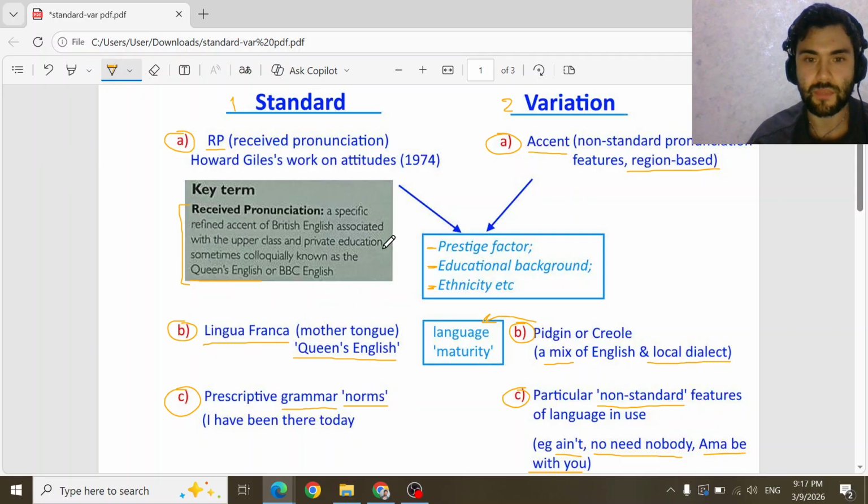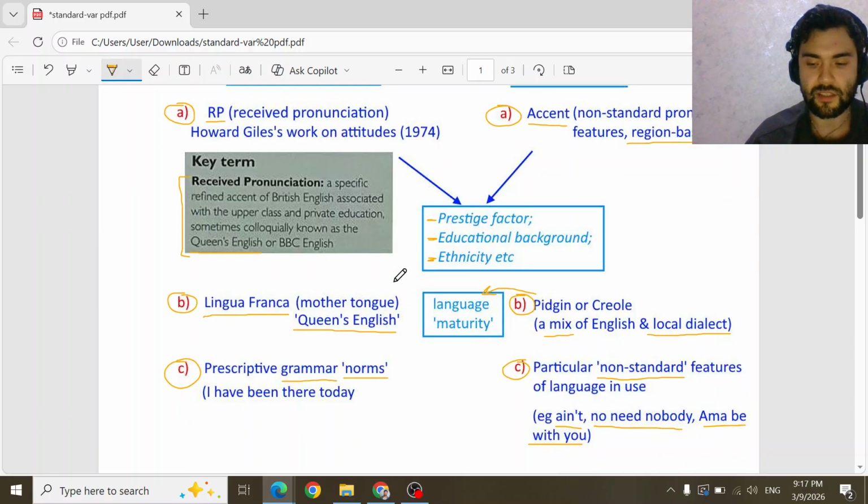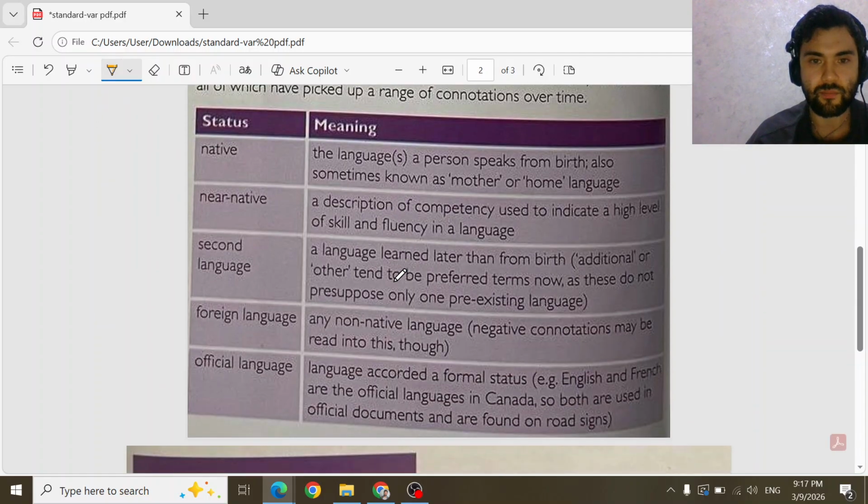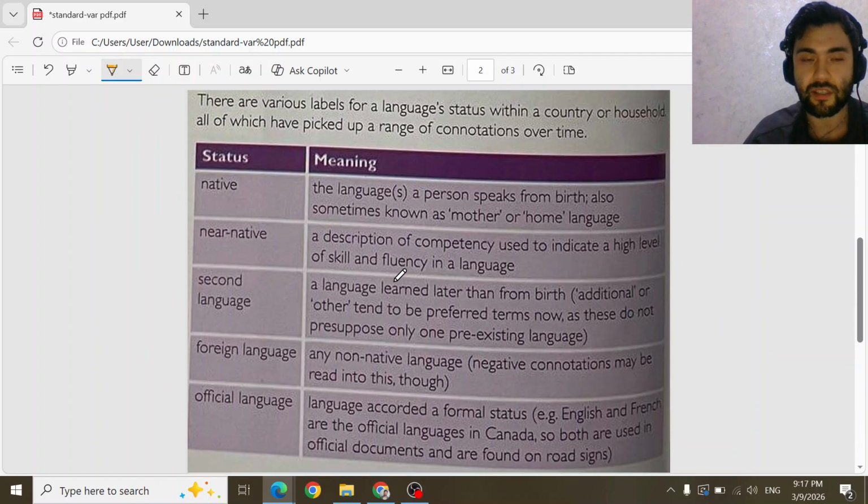And in order to exemplify these things, you can also take into account some tables that I've found. So in this table, we can see the status part, and we can see the meaning part, which is what characteristic may English carry for a speaker.